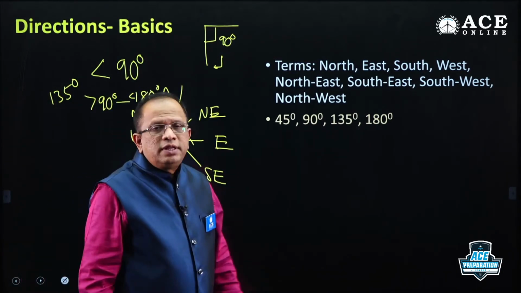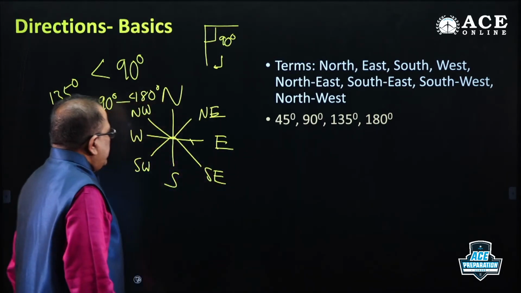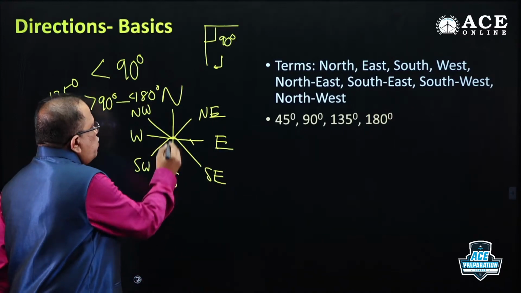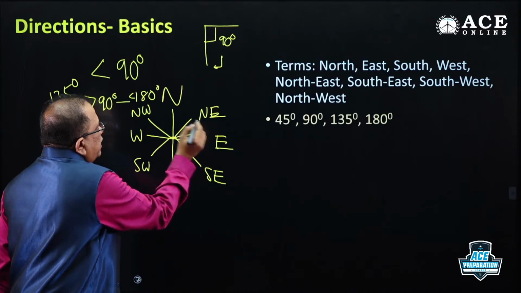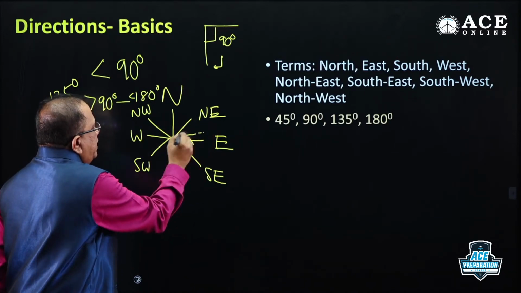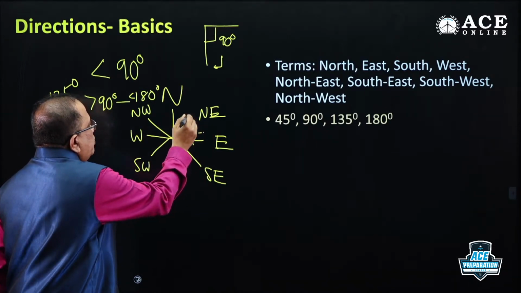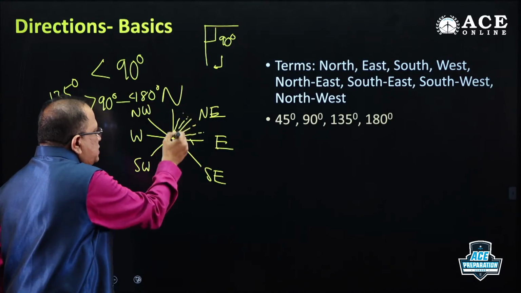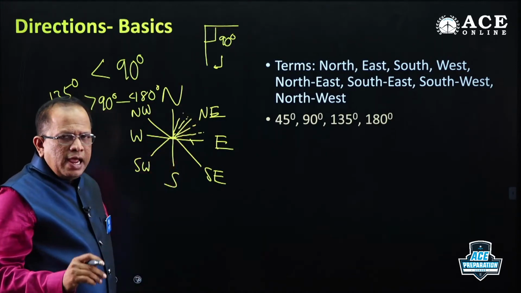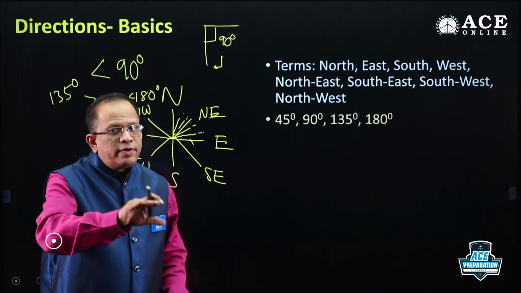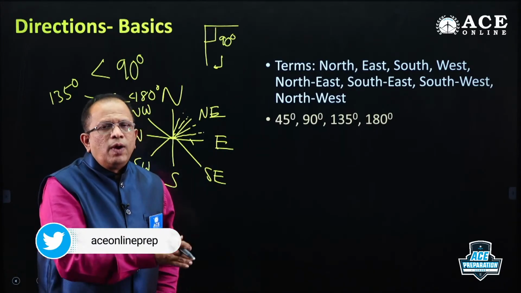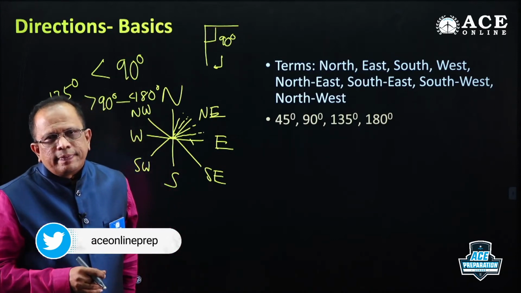How much? 135. So someone is starting from south, is going to north, and then he took a turn here. So this is more than 90, but less than 180. Any angle which is more than 90 but less than 180, we consider for all practical purposes as 135.